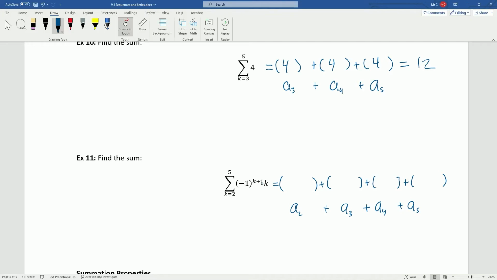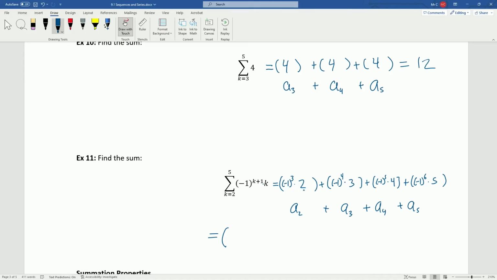Plug in 2, I get negative 1 to the 3rd power times 2. Plus, now I plug in 3, I get negative 1 to the 4th power times 3. Plug in 4, I get negative 1 to the 5th power times 4. And plug in 5, I get negative 1 to the 6th power times 5.